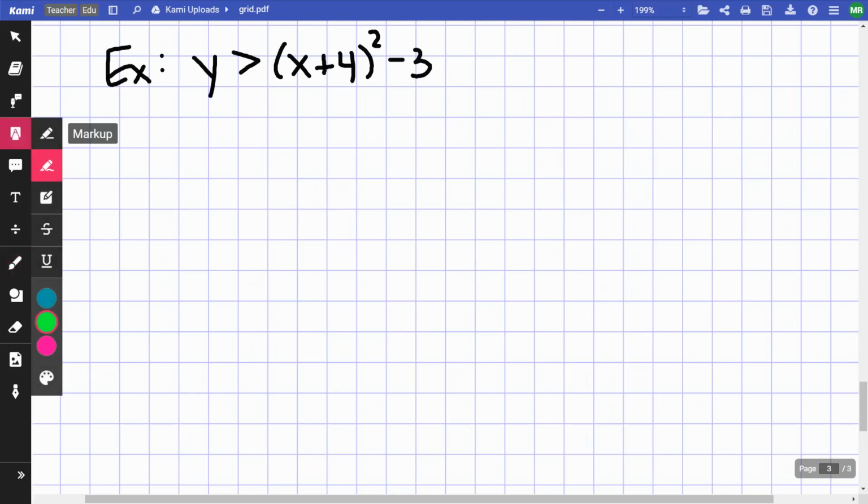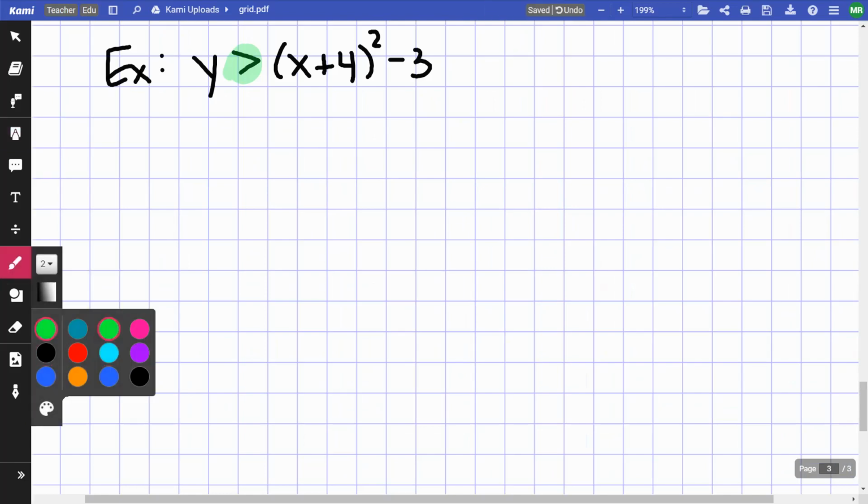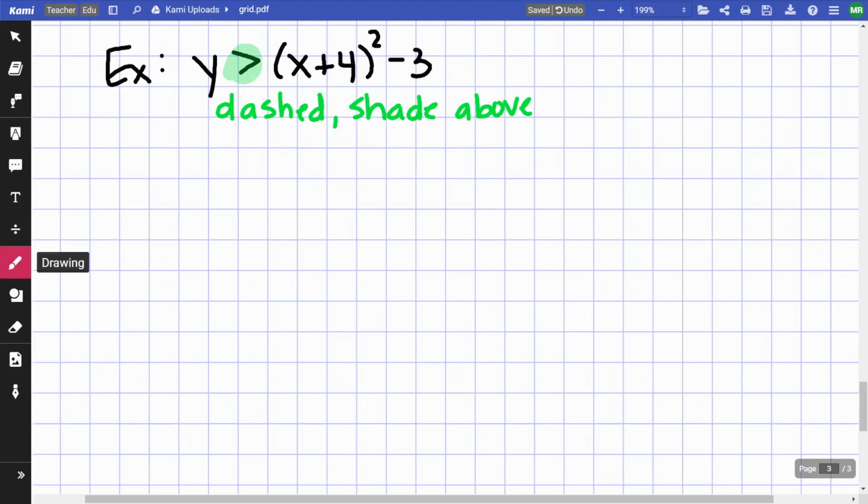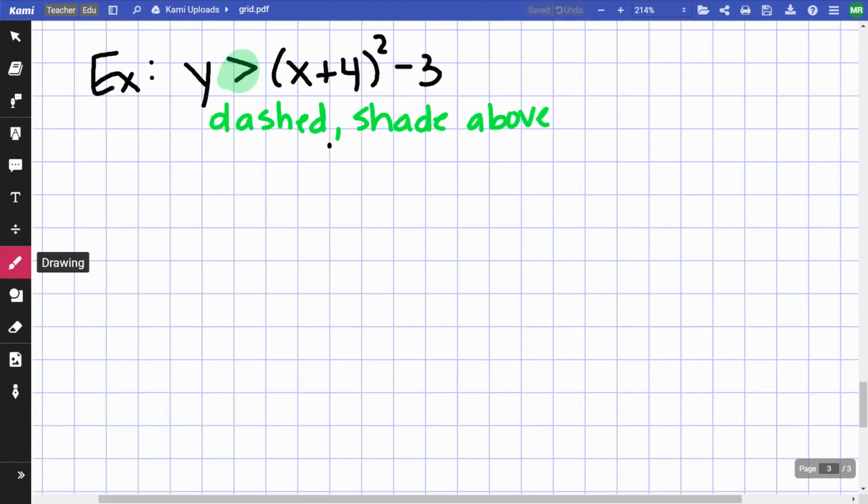And what I want us to notice is this is going to mean that it is going to be dashed. And I'm going to shade above because I want Y's that are higher than my graph, okay? So let me draw my graph here.